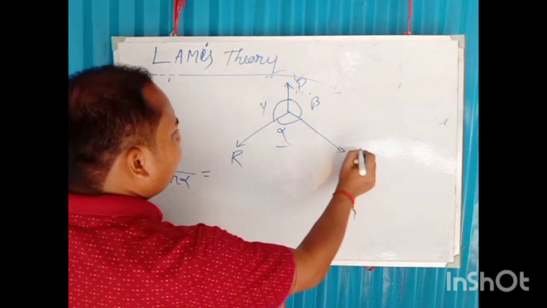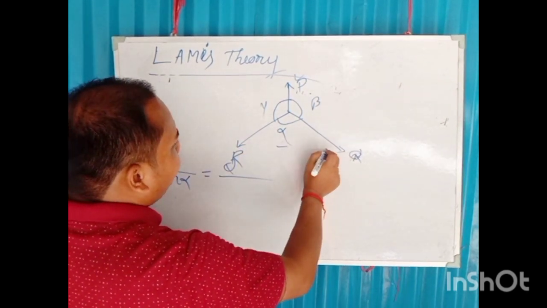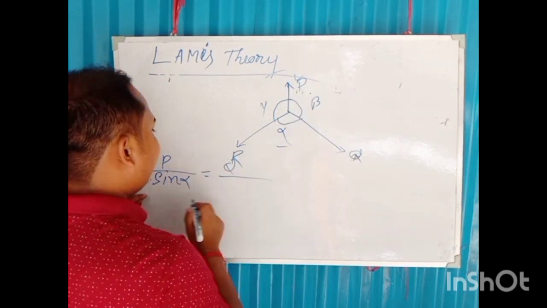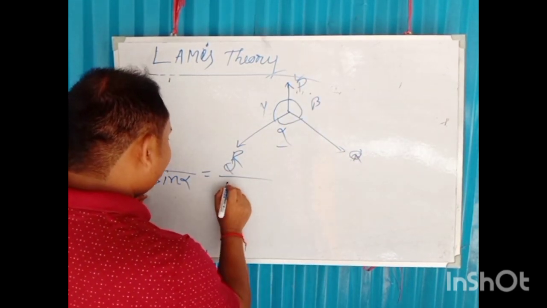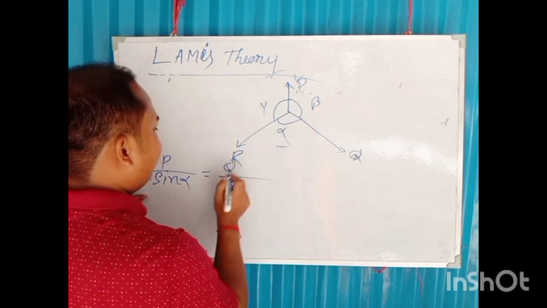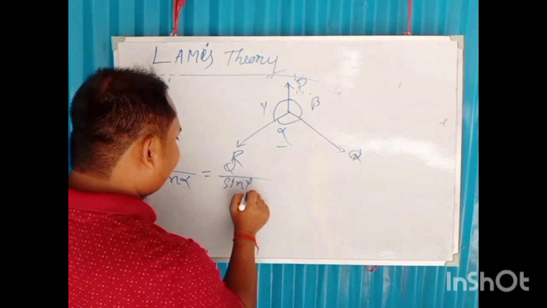Q equals, the opposite forces of Q are P and R, the angle between P and R is gamma, so sine gamma.